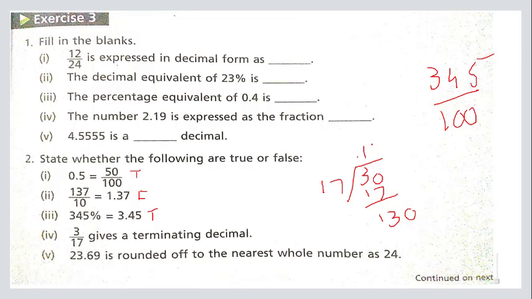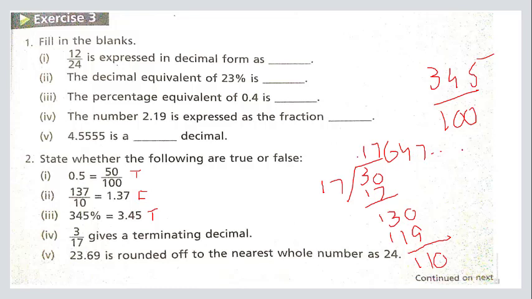17 multiply 7 is 119, and when I subtract 119 from 130, I get 11. I will have to put another 0 over here, and this will go on. Ultimately I will get the answer 0.17647, and so on.